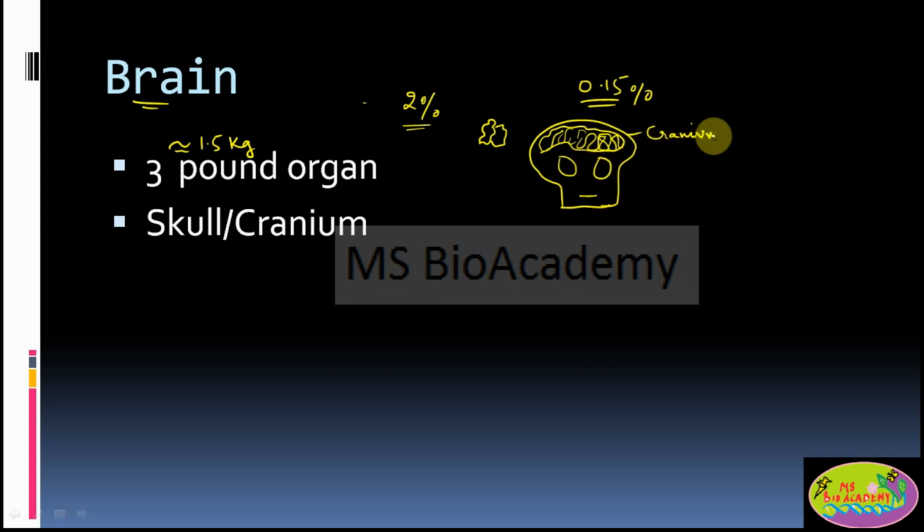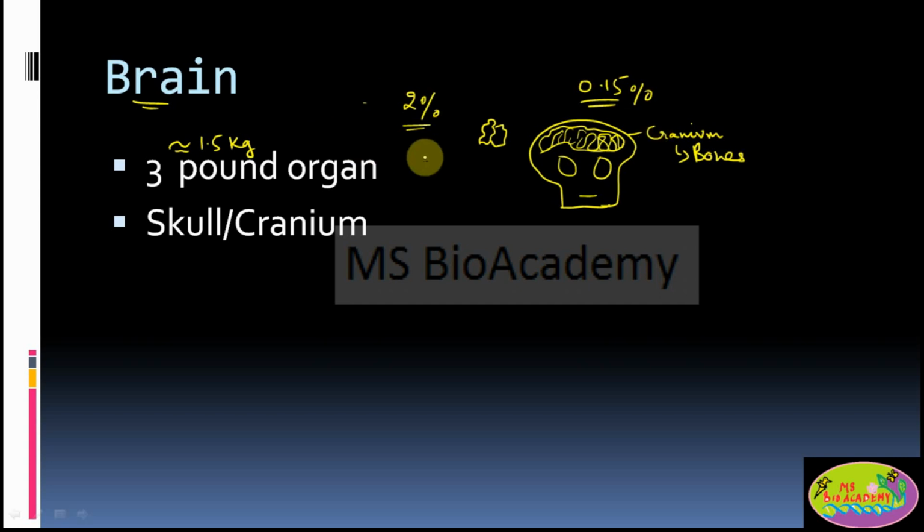The cranium is made up of bones. Some 8 pairs of fused bones are present. What is the role of this cranium? It protects the brain from getting injured by any means. You must have seen that kids generally bang their head most of the time, but nothing happens to their brain, right?